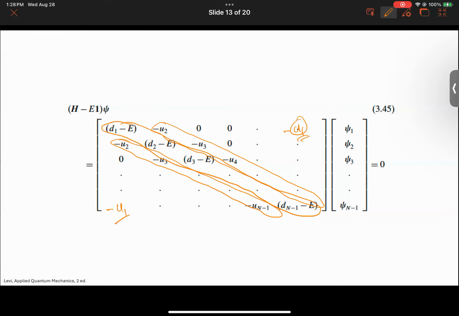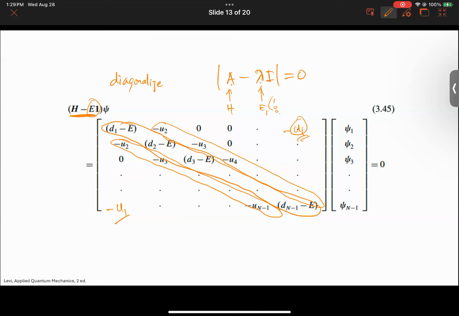So the only thing left to do here is to diagonalize. Diagonalization means, since E is the eigenvalue, if you have a matrix which you want to diagonalize, then you subtract lambda times I and equate that to 0. In this case, this is the H and lambda is your eigenvalues, and this is just the identity matrix.